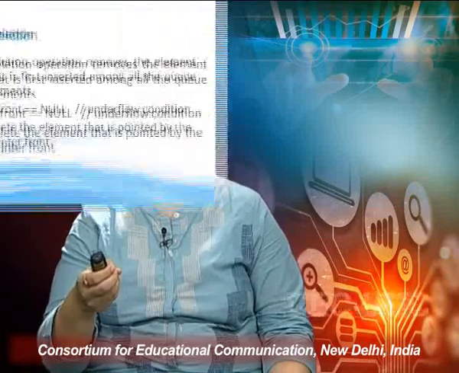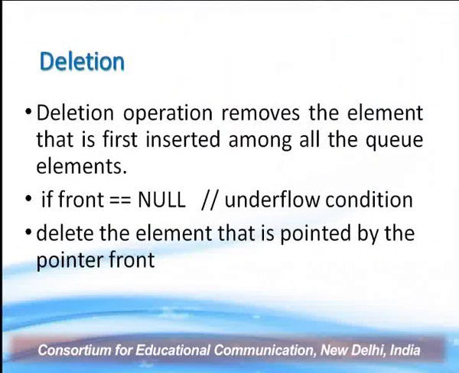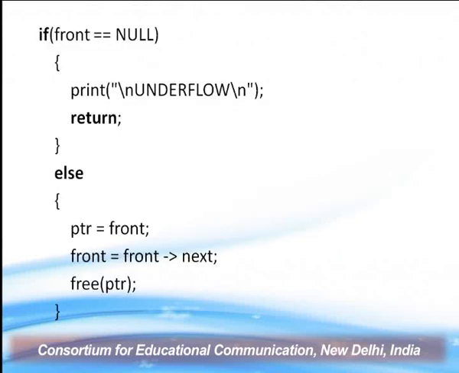Coming to the deletion. Deletion obviously requires checking the underflow condition. If front equals null, then it is going to be a condition of underflow in queues also. Deletion operation actually removes the element that is first inserted among all the queue elements. That means we will be dequeuing from the front. So, delete the element that is pointed to by the front pointer. If front equals nil, then obviously it is an underflow condition.